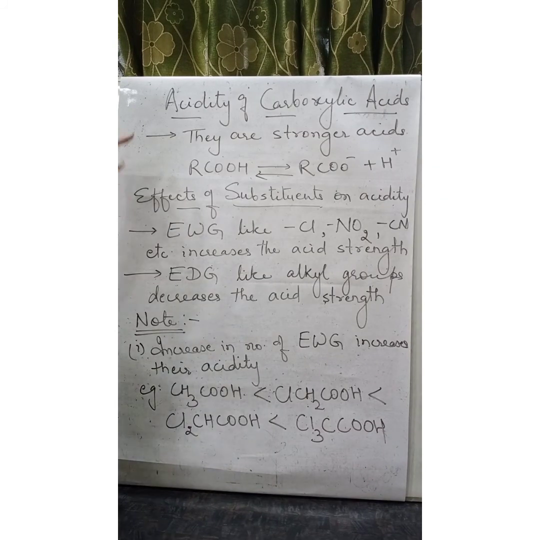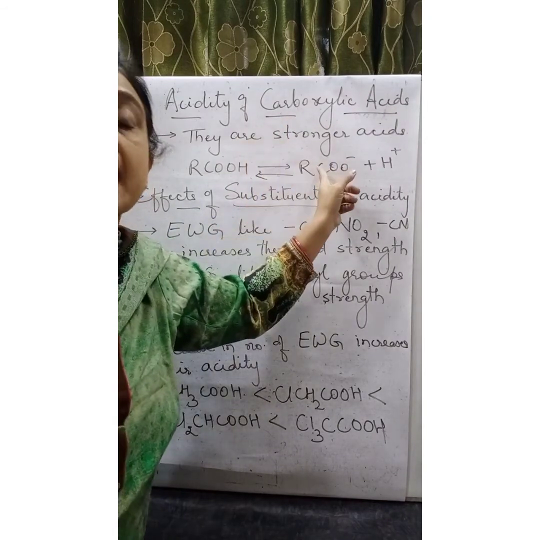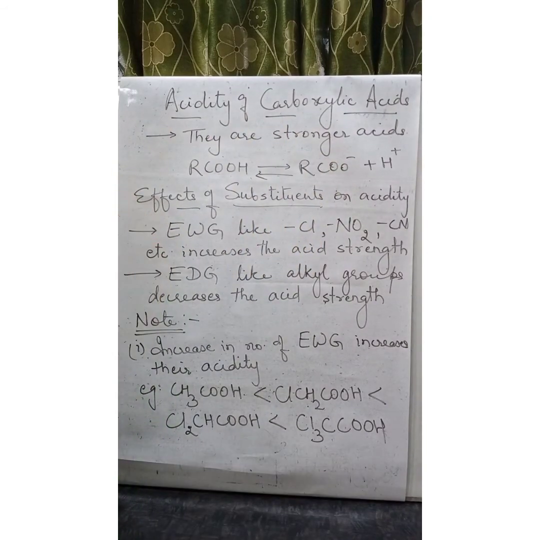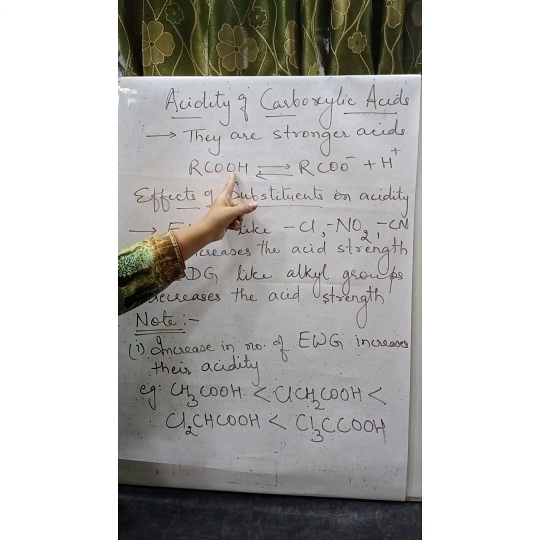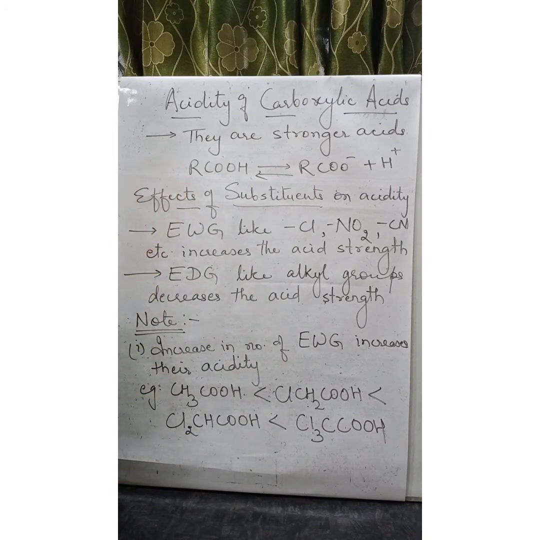Let us talk about the acidity of carboxylic acid. Carboxylic acids are strong acids because of the polar OH group. They ionize readily to give H plus ions and hence behave as acids. The effect of some of the substituents on the acidity of carboxylic acid is as follows.